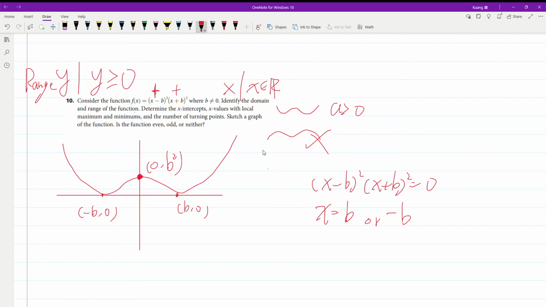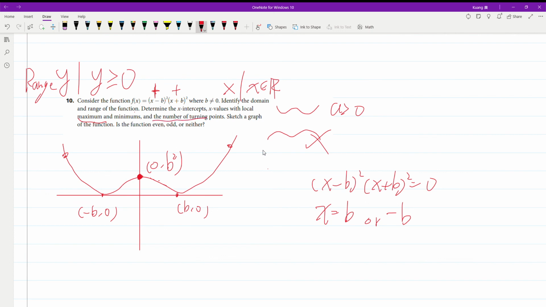It will be a local maximum. The y value of this point is only greater than its neighborhood nearby. Because some point here or some point here, the y coordinate is lower than this point.